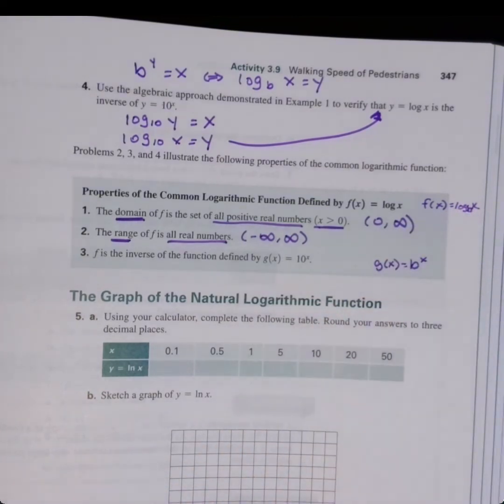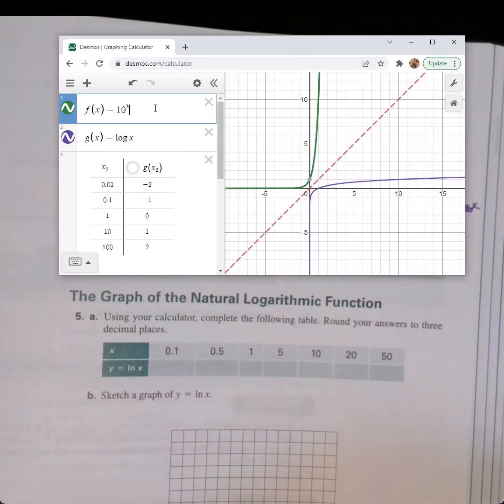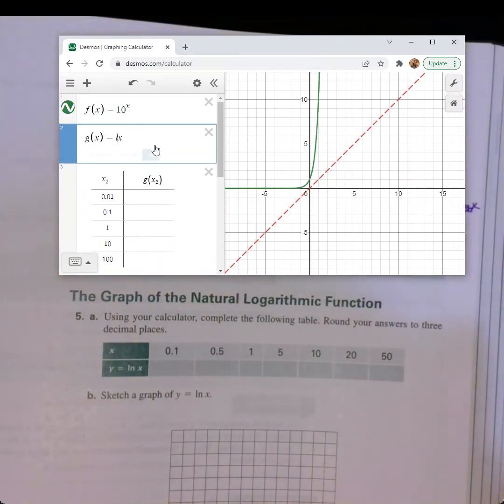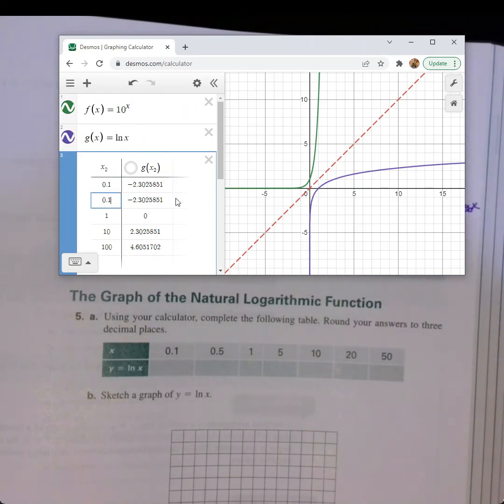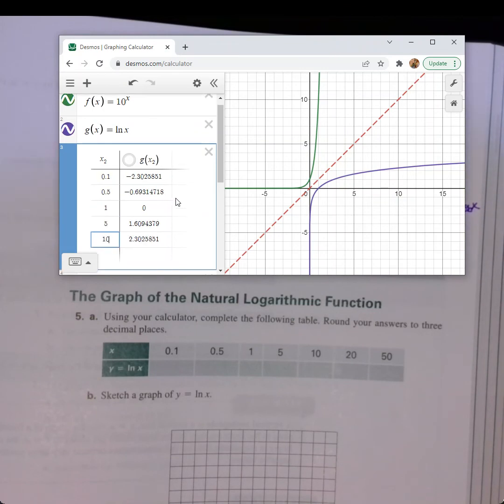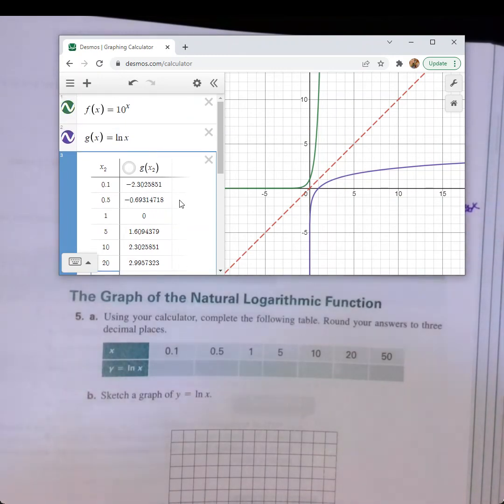All right, so we're going to look at the graph of the natural logarithmic function. So let me make this one just natural log of x. We're going to plug in 0.1, 0.5, 1, 5, 10, 20, and 50. All right.